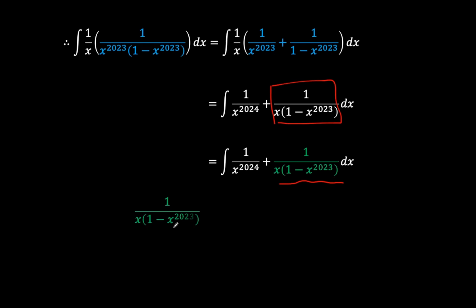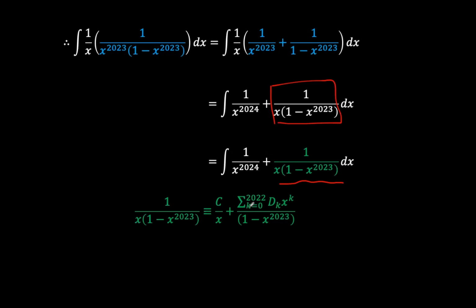So 1 over x times 1 minus x to the power 2023 is the same as c over x, because we begin with the polynomial 1 degree lower than what we have in the denominator. And then for 1 minus x to the power 2023, obviously the highest power here is x to the power 2023. So in the numerator, we have to generate a polynomial that runs up to a degree less than the highest degree in the denominator.